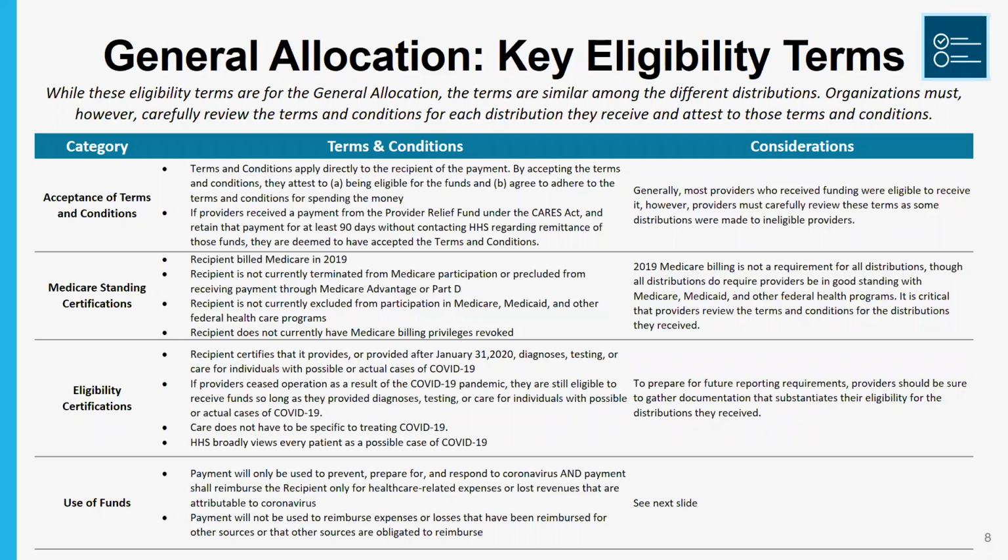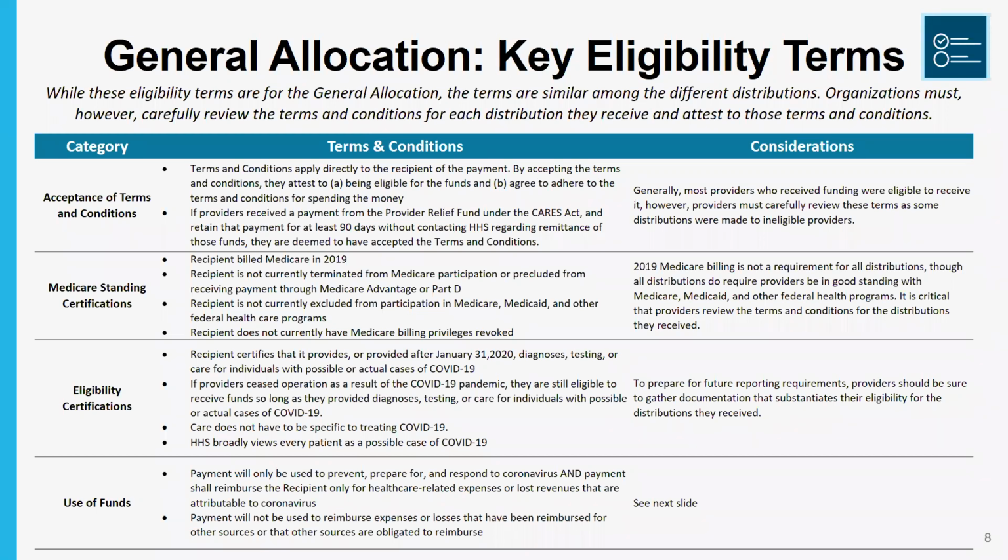And really, the key ones here, if you look at the eligibility certifications, in the third row below, the recipient needs to certify that it provides or provided after January 31st of this year diagnosis, testing, or care for individuals with possible or actual cases of COVID-19. Possible cases has been interpreted very broadly to include basically any patient. So really the question is, has the provider provided services after January 31st, 2020?